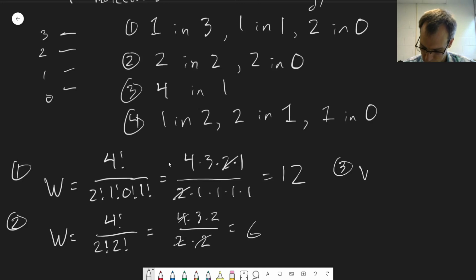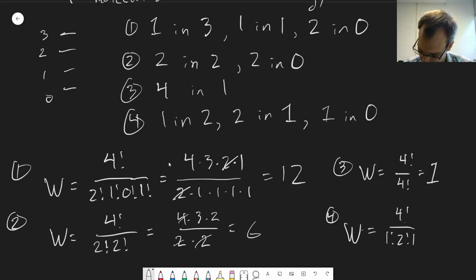So we can say W is equal to 4 factorial divided by 4 factorial, which is equal to 1. And then number 4, W is equal to 4 factorial divided by 1 factorial times 2 factorial times 1 factorial, which is the same as number 1. So we'll have 12.